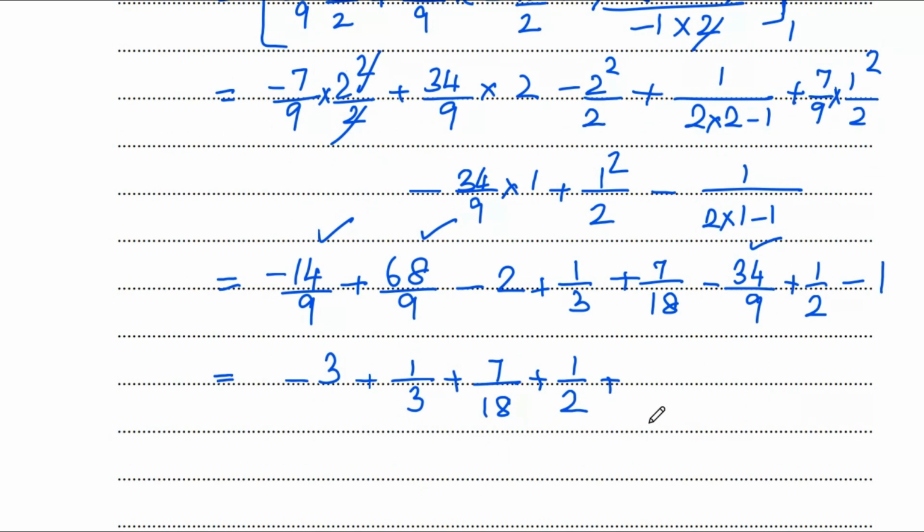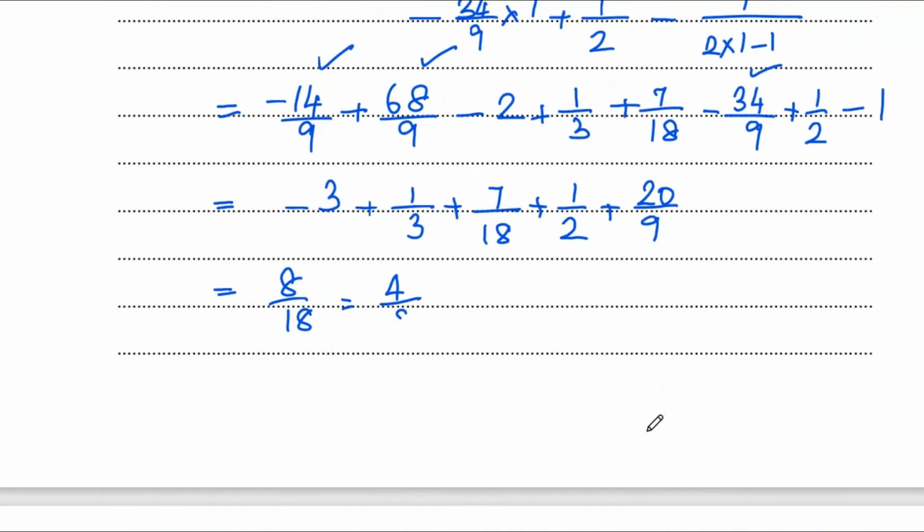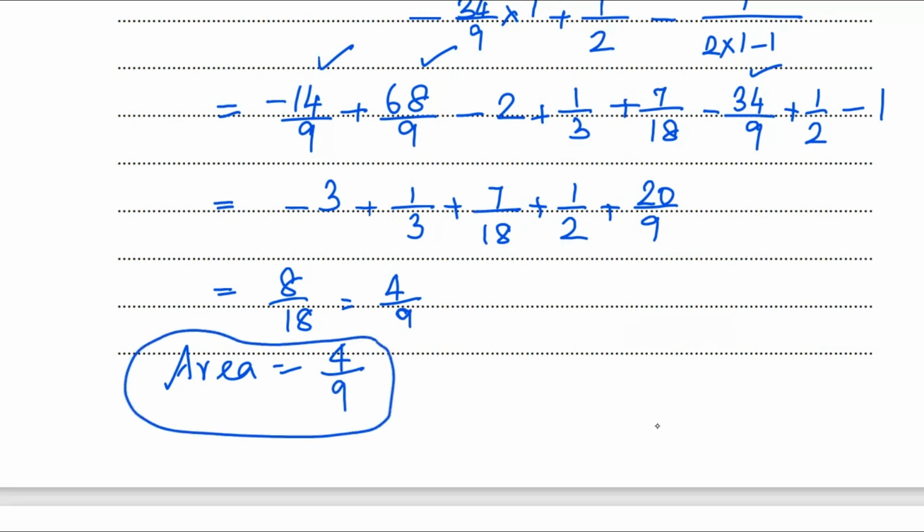So 68 minus 48, which will give 20 over 9. Okay. On simplification, this gives 8 over 18, which is equal to 4 over 9. So area equal to 4 over 9.